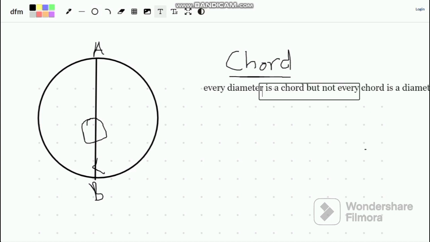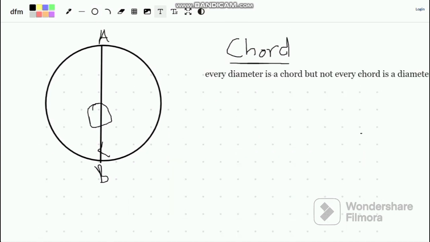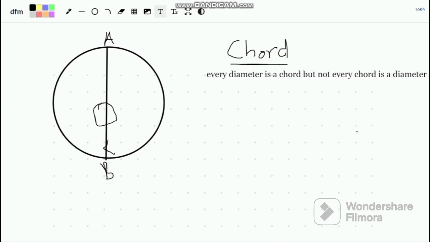I guess most of you have heard this simple notation, which is in fact true, because not every chord is obviously a diameter. As I've said before, a chord can be anything. It can pass through any point of the circle and end on any point of the circle. Now, what's the similarity that makes it like a diameter?